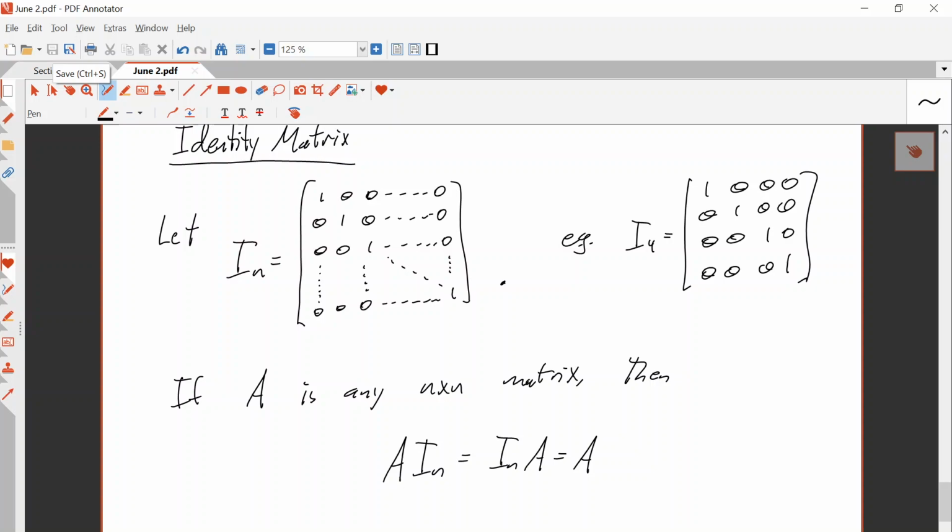And the identity matrix is a special example of something a little more general called a diagonal matrix.